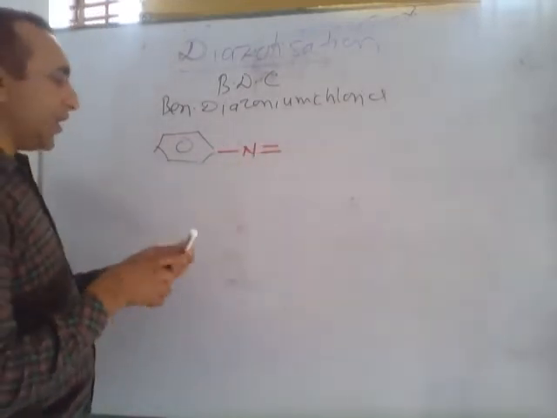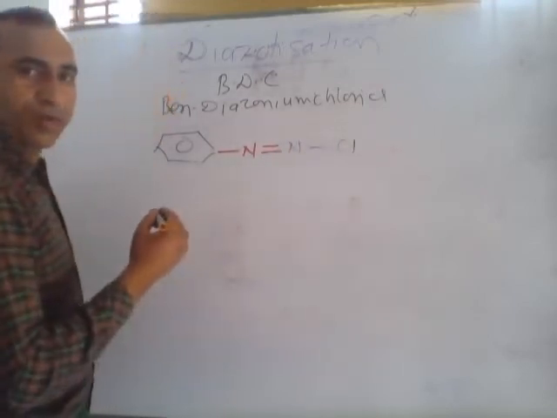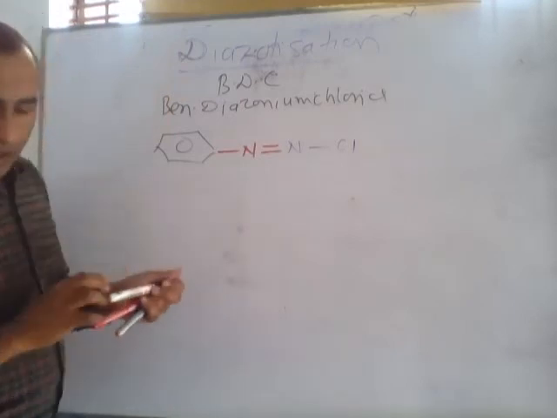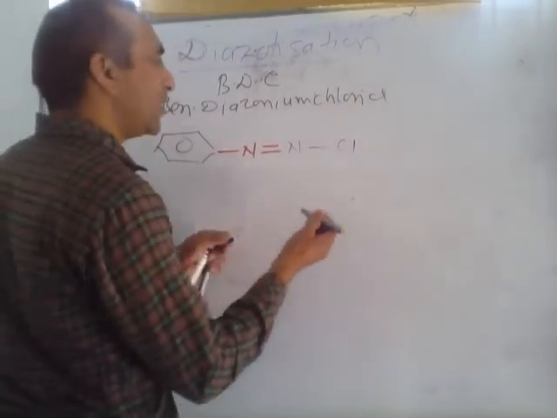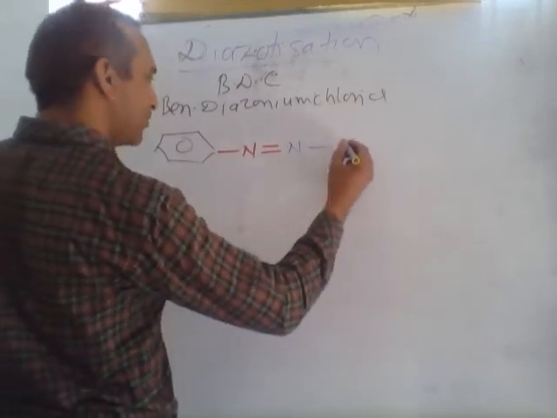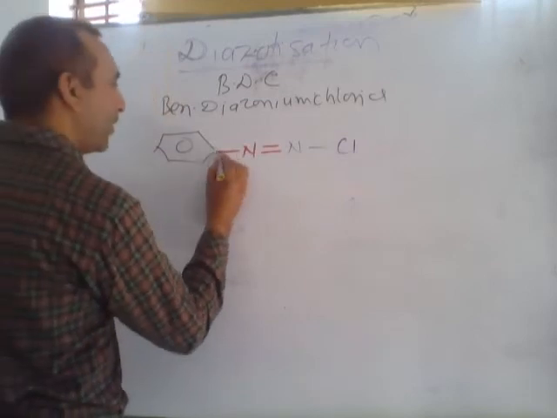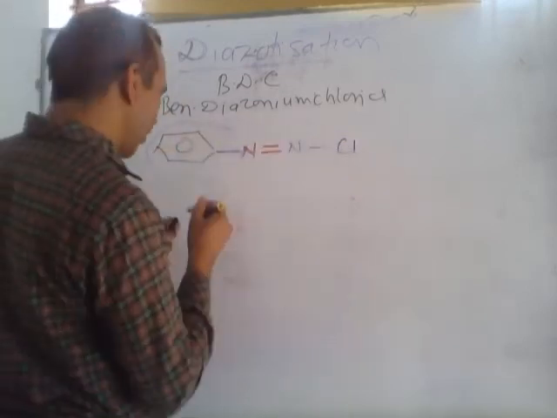Diazonium means N double bond N, and last there is chlorine. You can observe I am writing this compound in three different colors. This is benzene, this is diazonium, this is chloride.